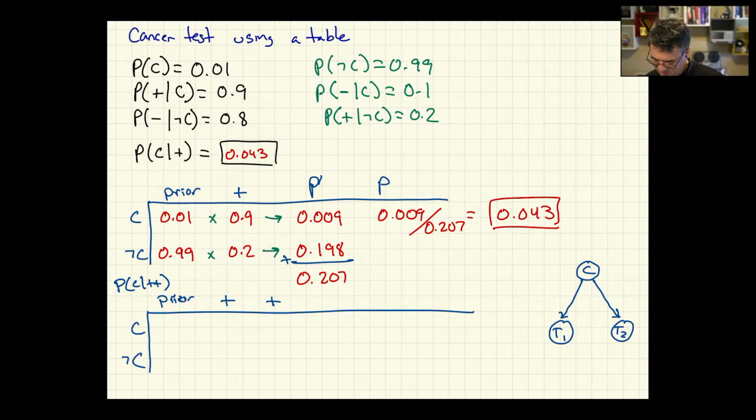Okay, so we have two positives here. We have our P prime and our P. So let's put the numbers in, 0.01 and 0.99. Those are the same numbers from above. The positive numbers here are 0.9 and 0.2, and then the same numbers again. Multiply.